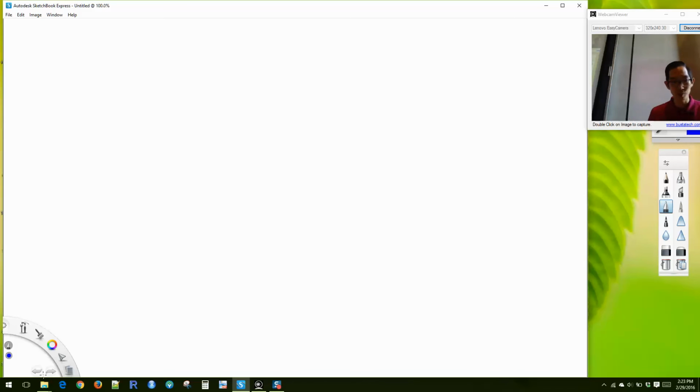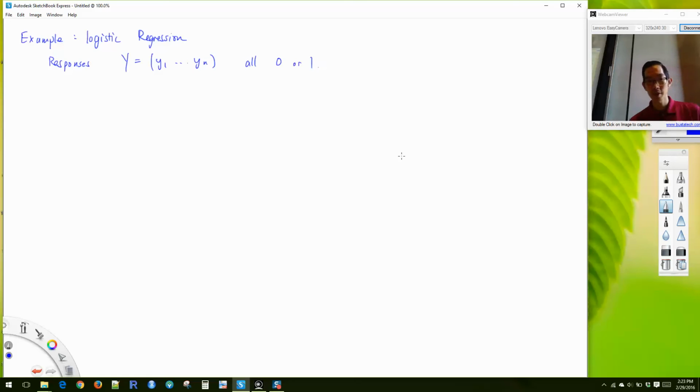All right, so we'll look at an example here, logistic regression. Are you guys familiar with logistic regression? Great. With logistic regression, your responses y1 through yn are all 0 or 1, essentially a class label.